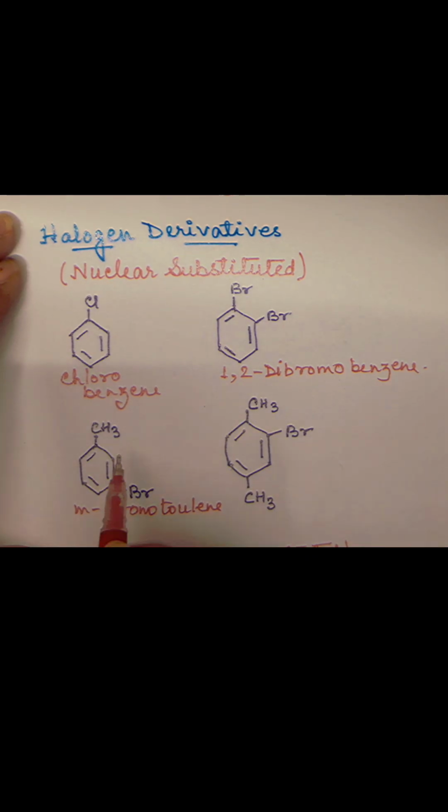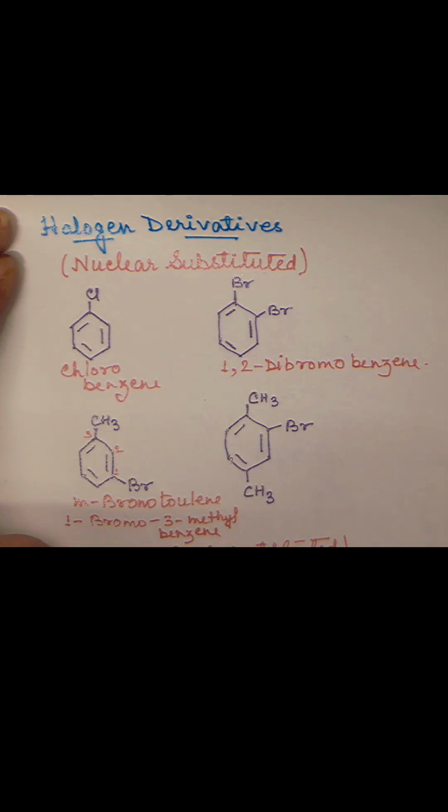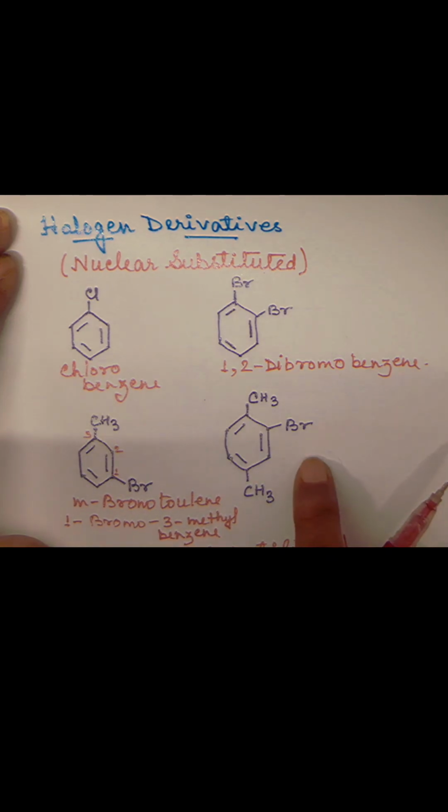So this would be carbon number 1, this 2 and this 3, and I would name it 1-bromo-3-methylbenzene.